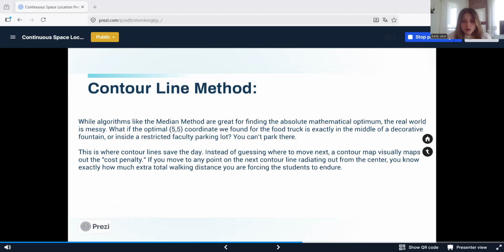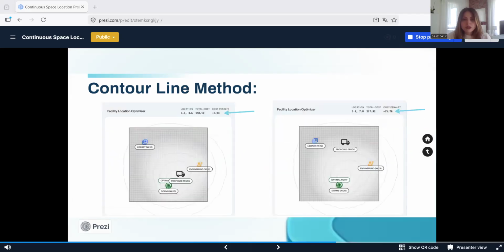And this is the visualized version. To really understand this cost penalty, look at this map. On the left, you have a possible food truck location. It is not the perfect map point near the dorms, but it is close. You can see the penalty is only an extra 8.04.